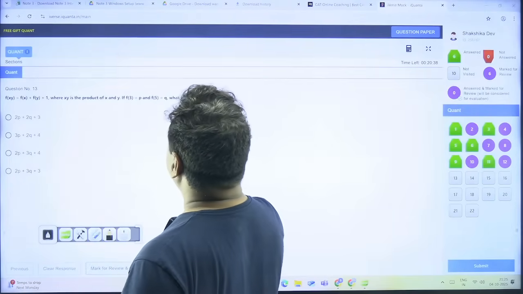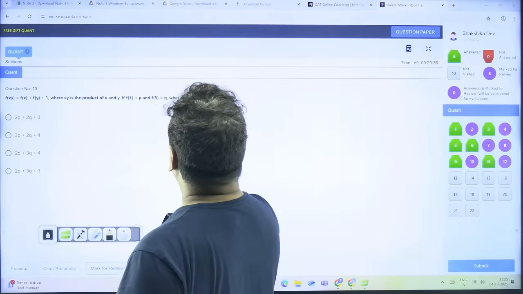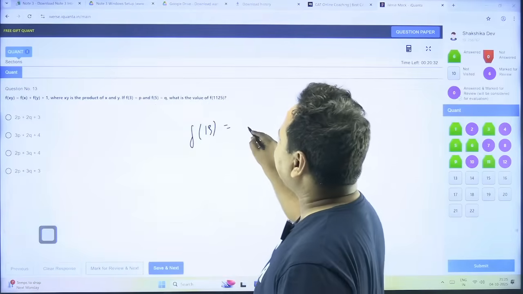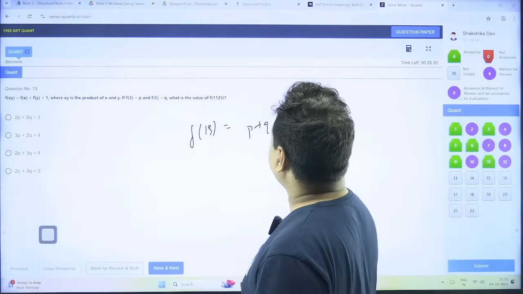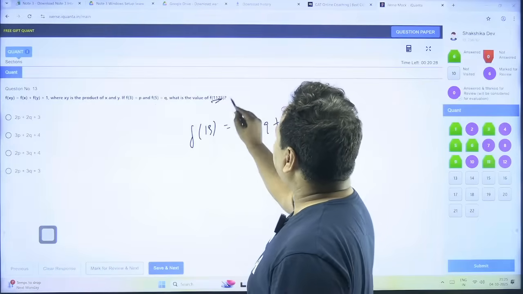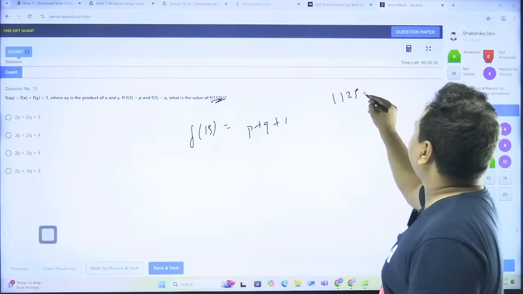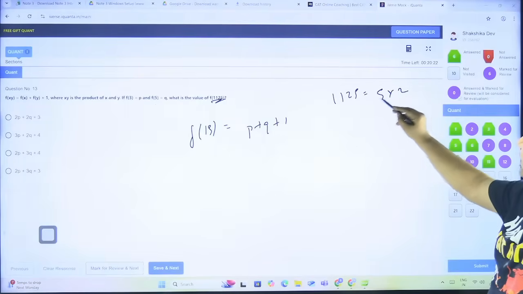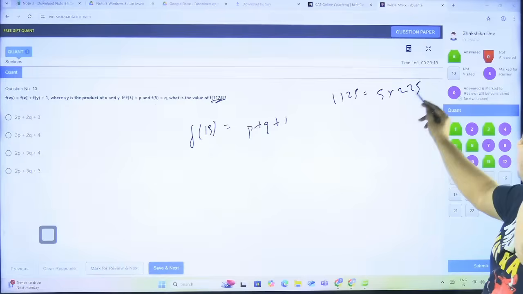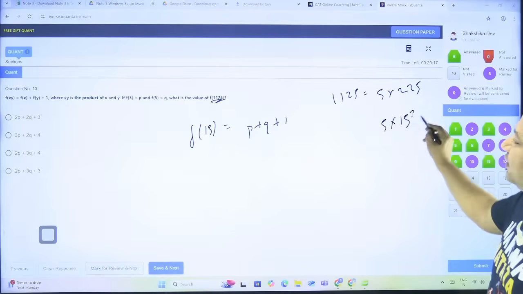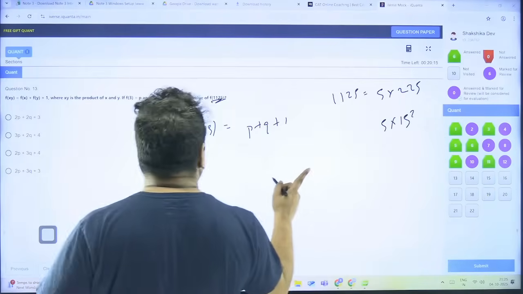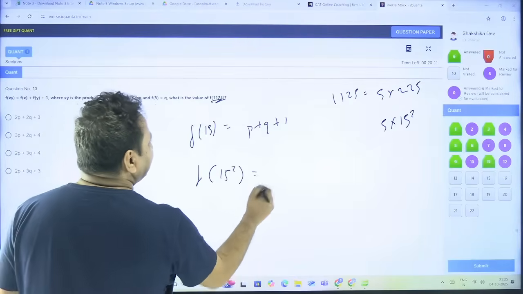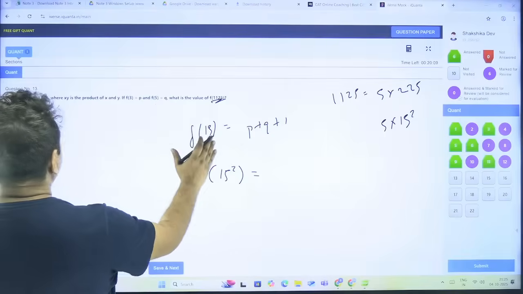If I calculate the value of f(15), it is f(3) plus f(5) plus 1, that is p plus q plus 1. 1125 is how much? Let me break it into factors. 1125 is 5 into 225, which is 15 square. Oh wow, my life is sorted. Now 15 square is what I have, so I can calculate f of 15 square directly. F15 is this much.